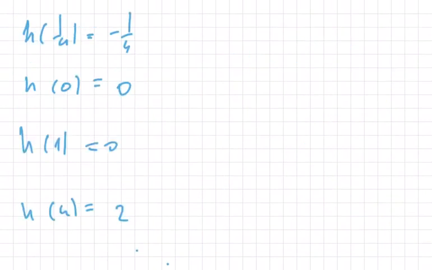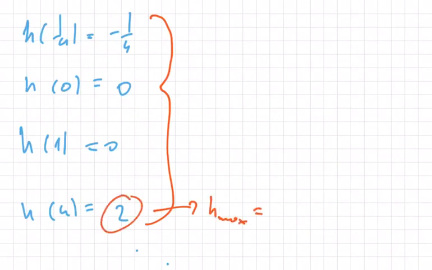Now we need to understand which one of them is the absolute maximum and which is the absolute minimum. From these 4 we can say that 2 is the absolute maximum, because 2 is the biggest number. But what about the minimum? You see we have a negative number and 0.